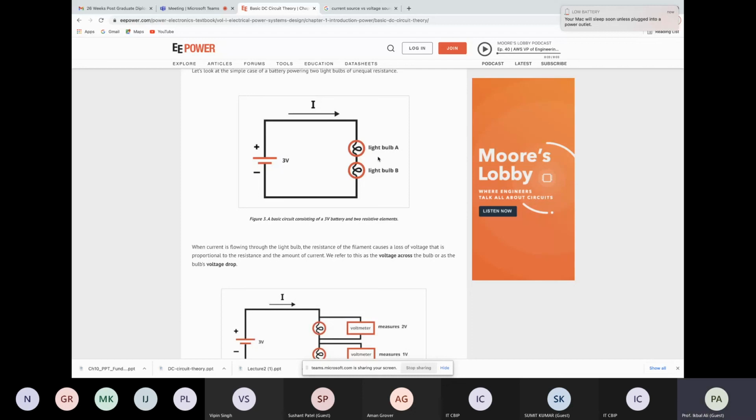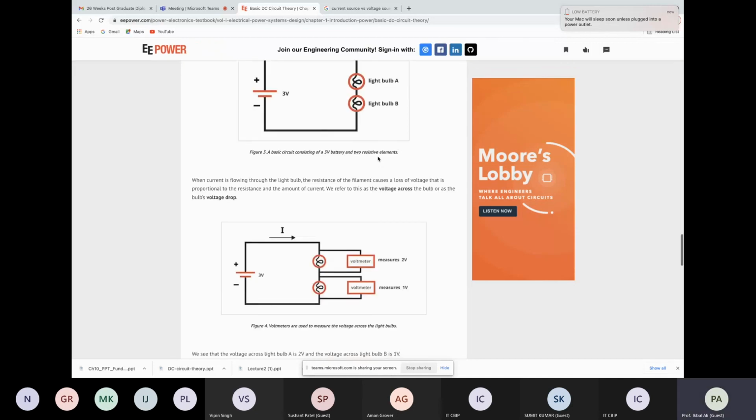And if you want to measure the voltage, you need to have a voltmeter. The 2 points across which you want to measure the voltage, you have to connect that voltmeter across those points.